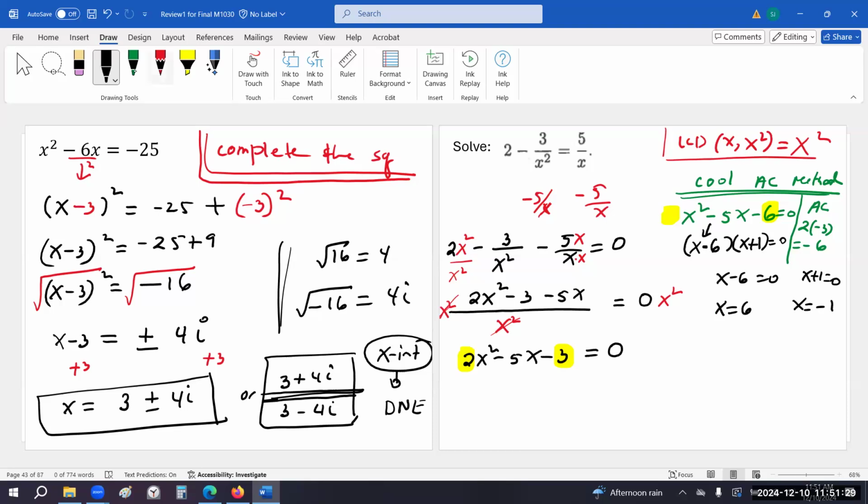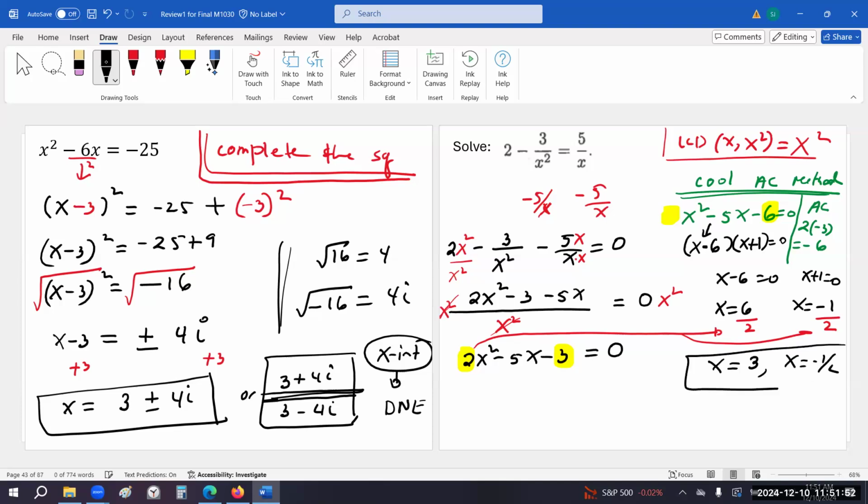And now it's time to bring back our coefficient. We divide by the coefficient we disappeared before. That tells us x is 3 and -1/2.